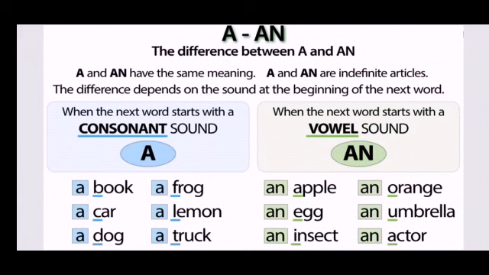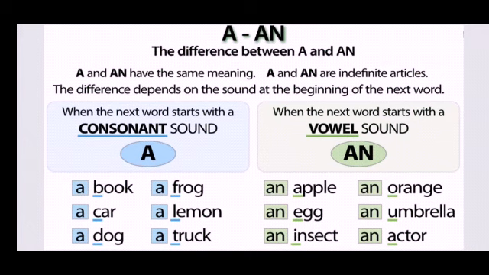Once again, repeat these words. A book, a car, a dog, a frog, a lemon, a truck. B, C, D, F, L, T. All these are consonant sounds. So we use a.